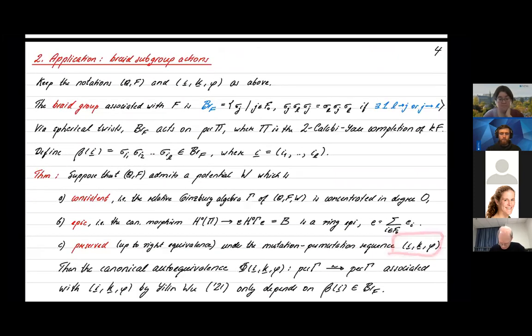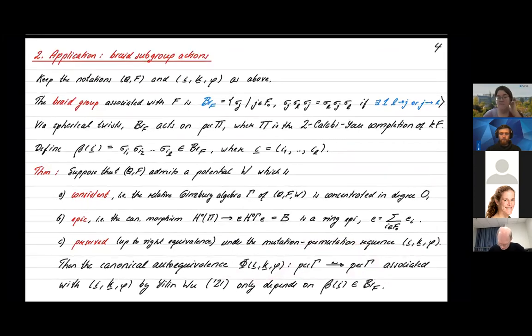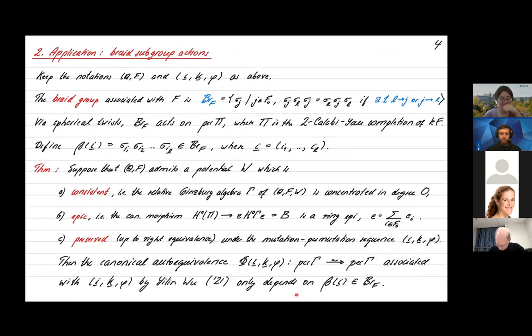Okay, and now with such a mutation permutation sequence, we can associate a canonical auto-equivalence. Yes, every mutation leads to an auto-equivalence, and we compose all these to get this associated auto-equivalence. And the claim of the theorem is that this auto-equivalence only depends on the element of the braid group associated with the blue part of the outcome of the blue versus red game.